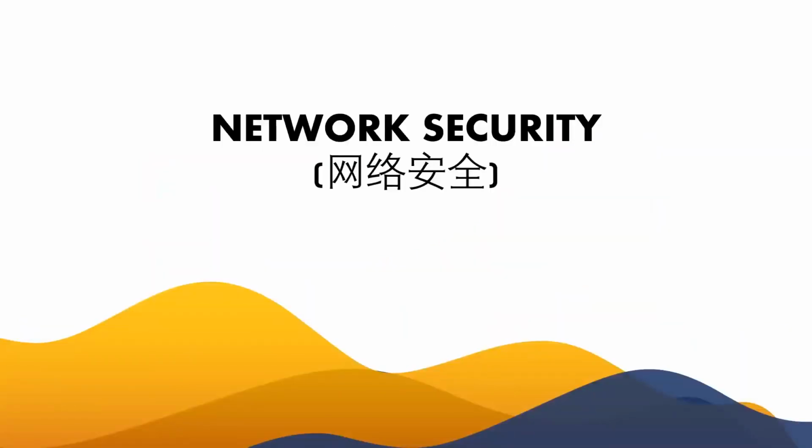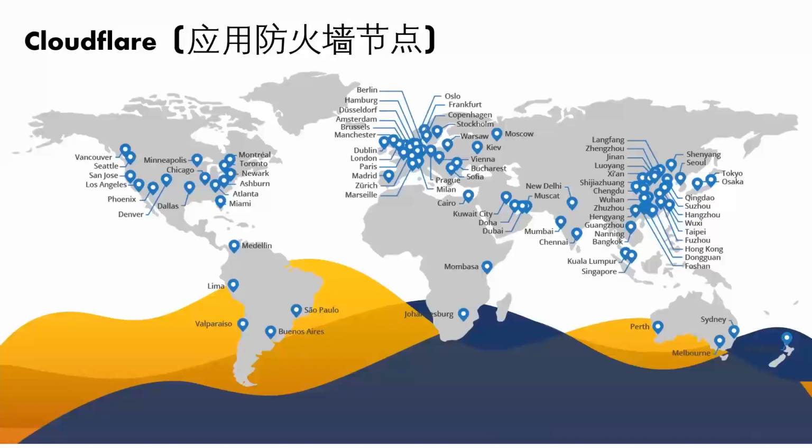So let's talk about the network security. We run Cloudflare, and Cloudflare has all of these nodes or data centers in the network that do all the CDN and acceleration.